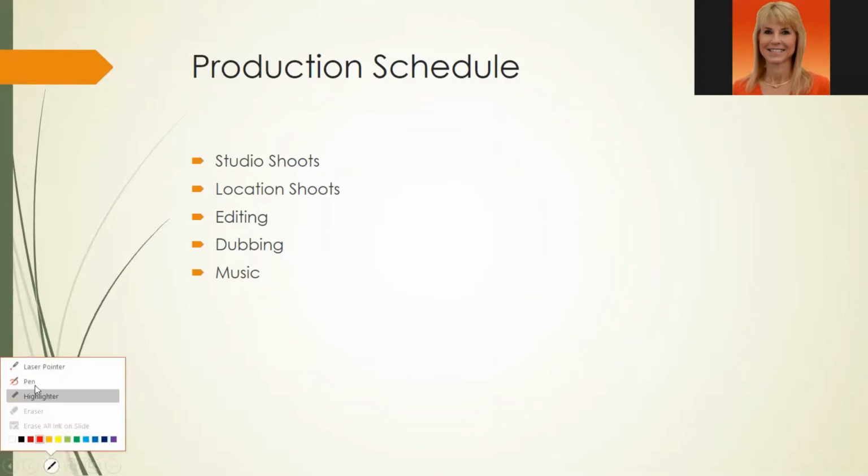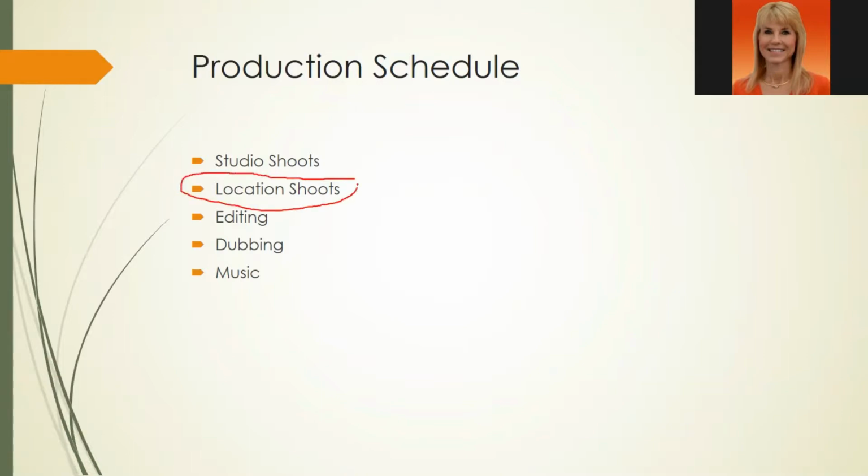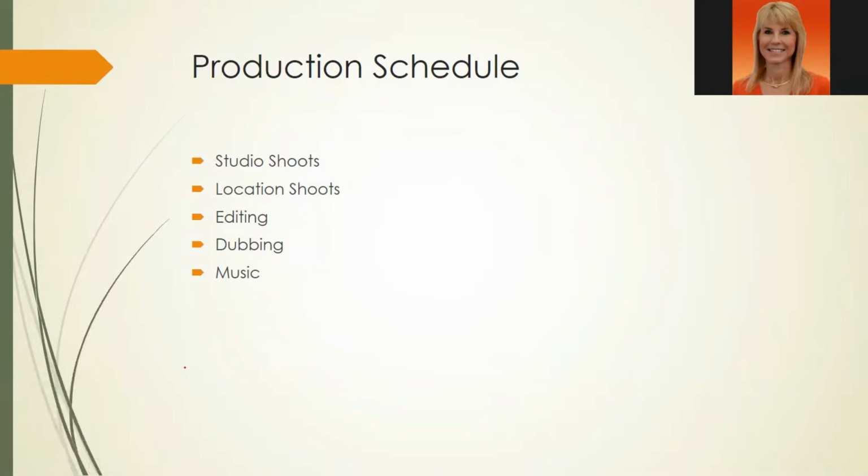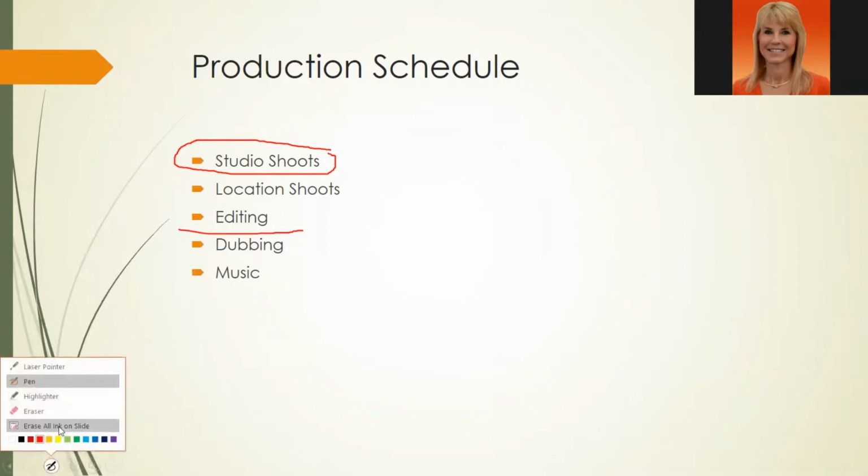And then we've got a pen. Default color is red. And you can circle items in the list. You can underline items. You can go back into the pen. You can erase all of the ink that's on the slide. The pen tool does take a little practice to get circles and underlines that look decent, especially if you're using the mouse.